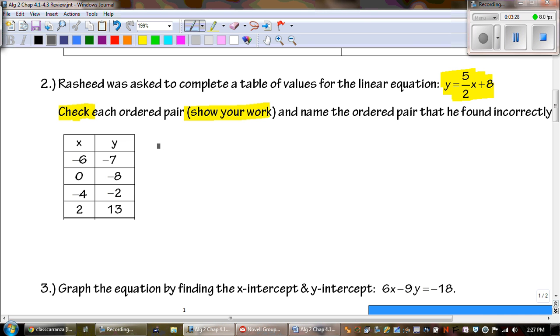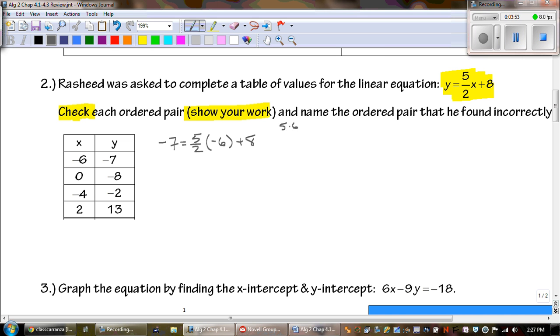Our first one, I'm going to do the first one in gray. Y is -7 equals 5/2, x is -6, plus 8. Okay, well, what's 5/2 times -6?